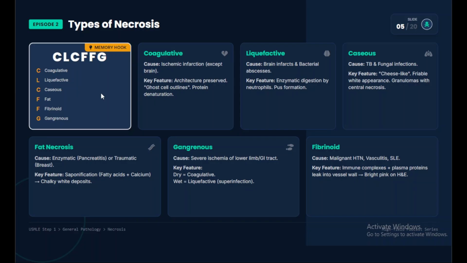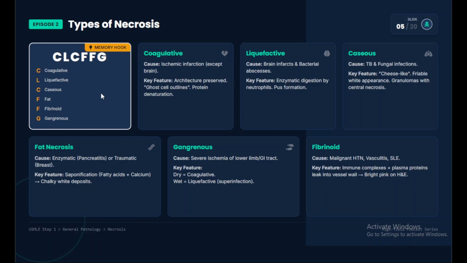Almost all organs undergo coagulative necrosis during ischemia, except the brain. The brain instead undergoes liquefactive necrosis.